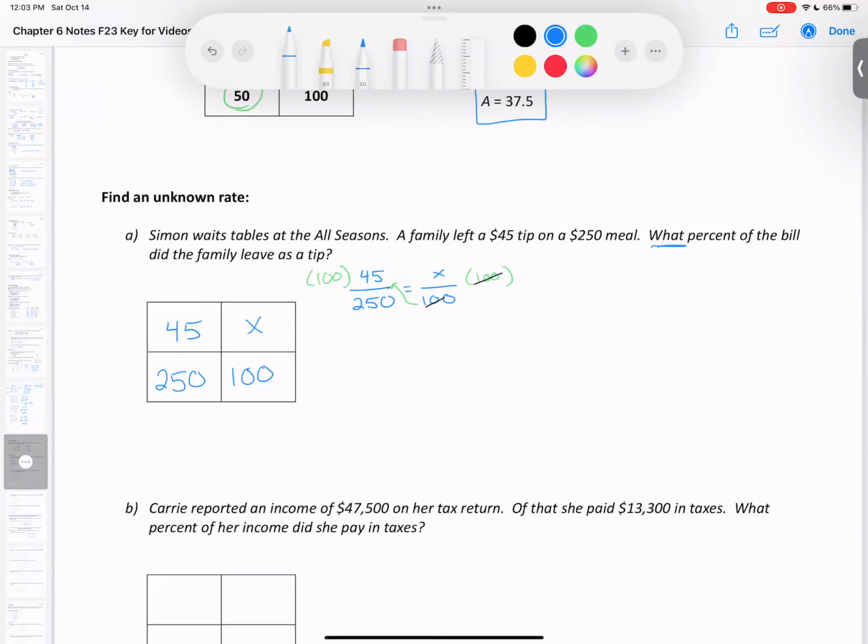Either way, you get X equals 100 times 45 over 250. And what does that give us? 100 times 45 divided by 250 equals 18. So the family left an 18% tip.